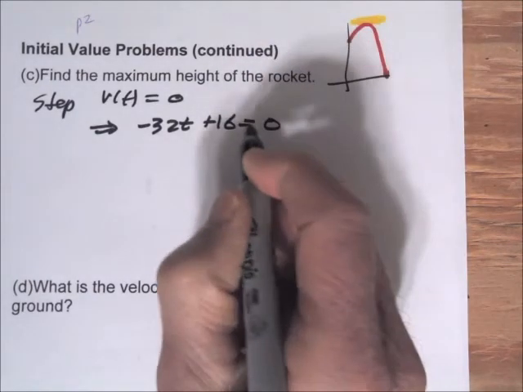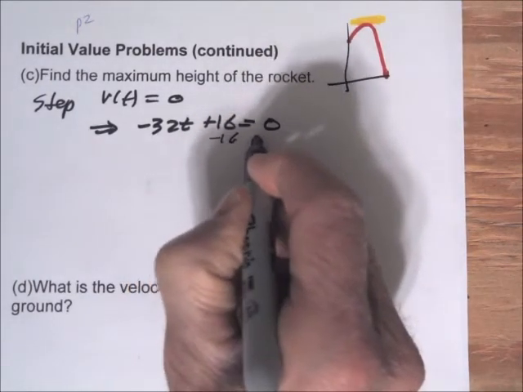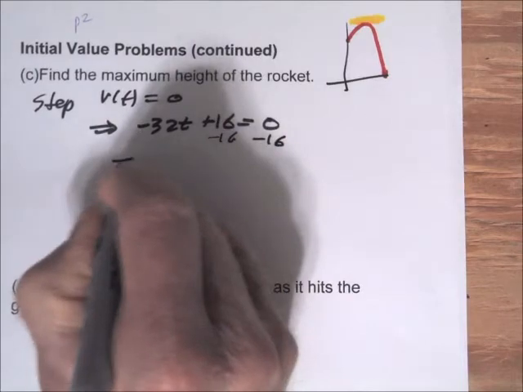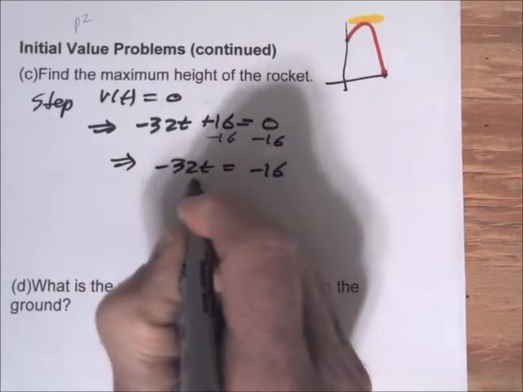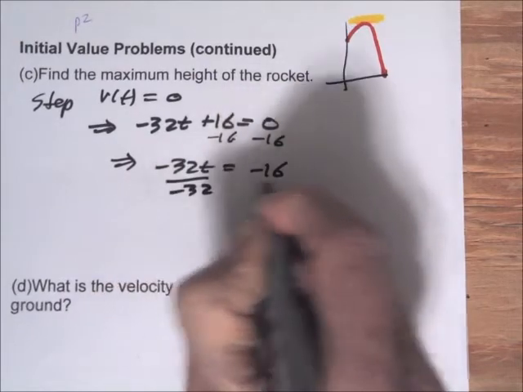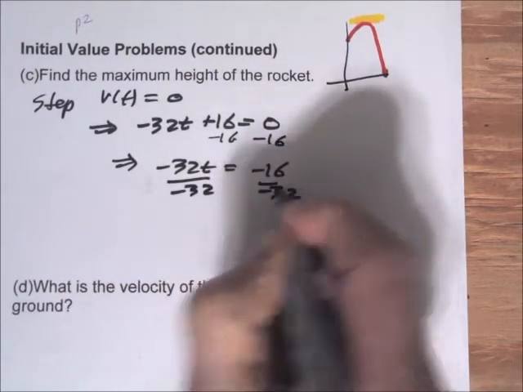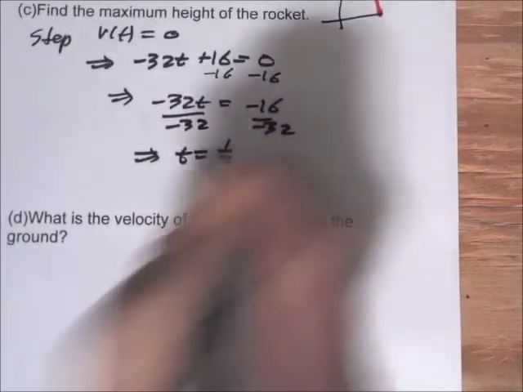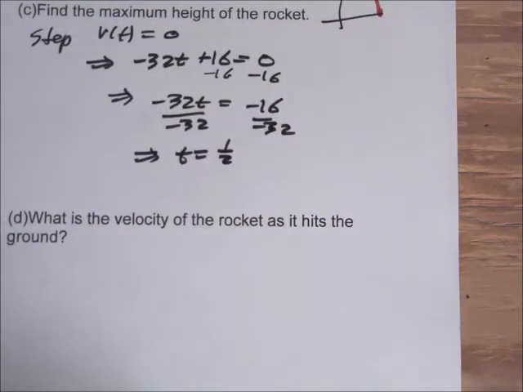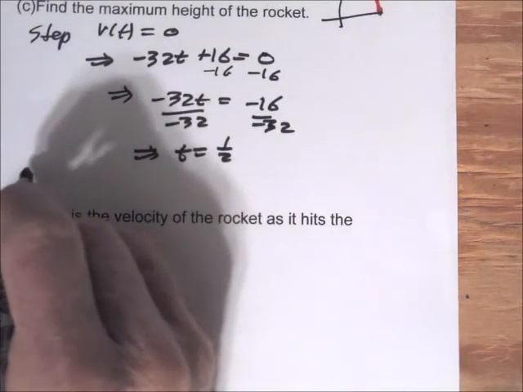If we subtract 16 from both sides, we get minus 32t equals minus 16. Divide both sides by minus 32, and you get t is equal to 1/2. So the maximum height occurs after 1/2 second, and then you can do h of 1/2.